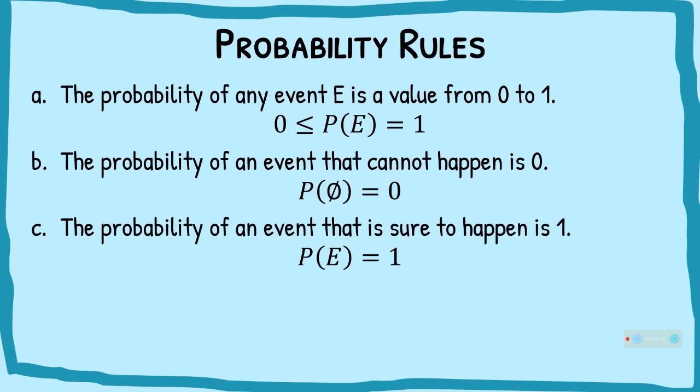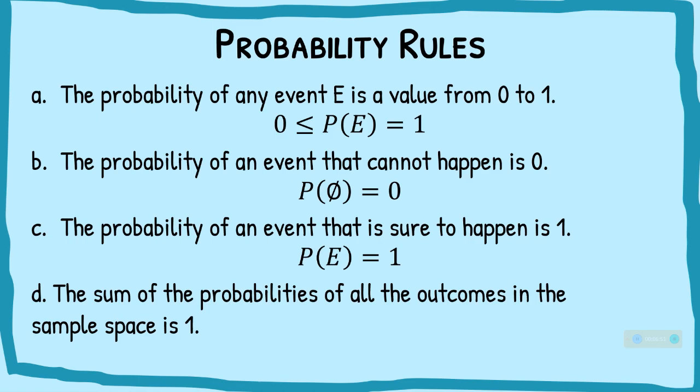Next, letter D. The sum of the probabilities of all the outcomes in the sample space is 1. So we have to take note of these 4 probability rules.